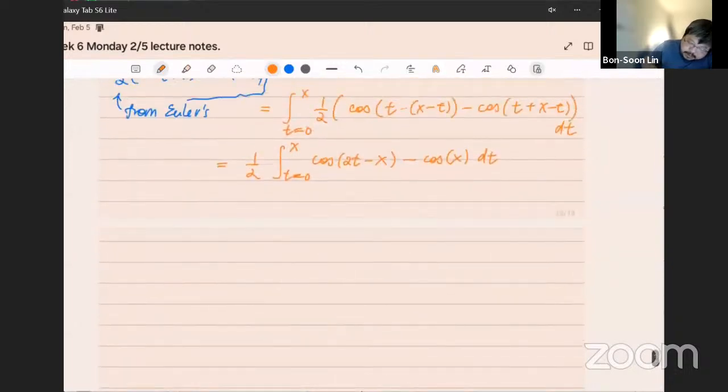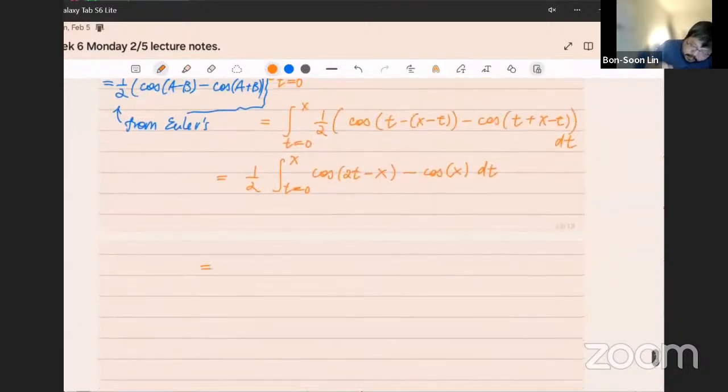Just integration. Again, as I threatened you many times, this is simply a class of integration sometimes. And we know how to integrate all of this, right? Cosine of 2t minus x, the antiderivative is, of course, sine of 2t minus x divided by 2. The derivative of sine of 2t minus x becomes cosine of 2t minus x, but the 2 comes out, cancels the 2, we get cosine.